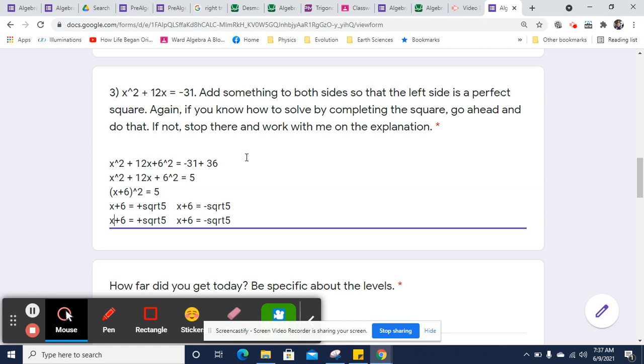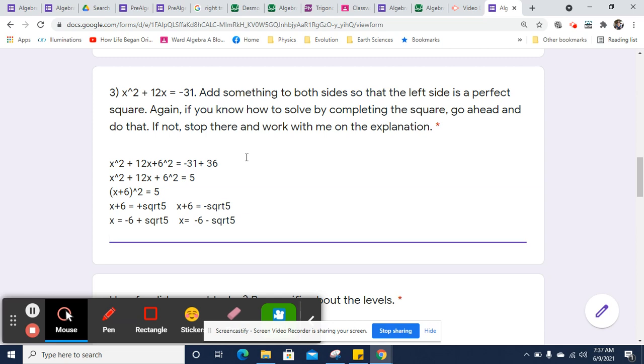So when I subtract 6 from this one, it just becomes x, and I put negative 6 here. Negative 6 plus the square root of 5, and negative 6 minus the square root of 5. And those are your solutions.